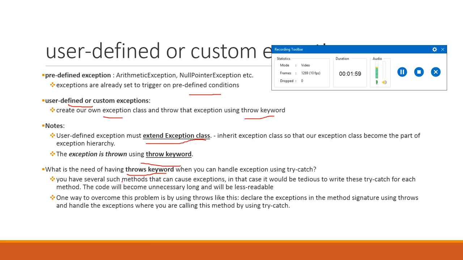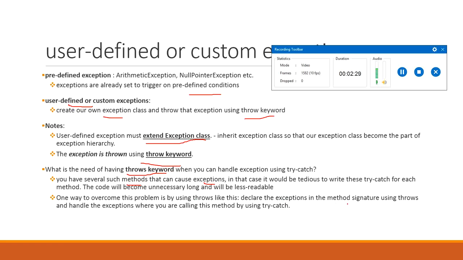Now there can be many methods that can cause exceptions. In that case it will be very difficult, or it will take a lot of effort, to write a try catch block for each of the methods, and our code will become very long and less readable. So one way to overcome this problem is by using the throws keyword.